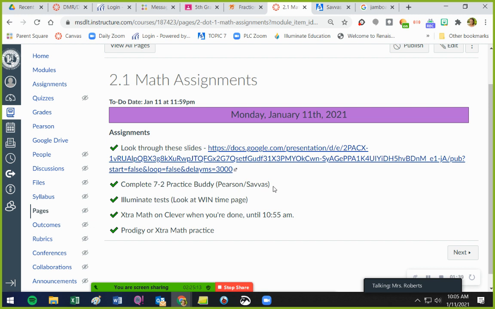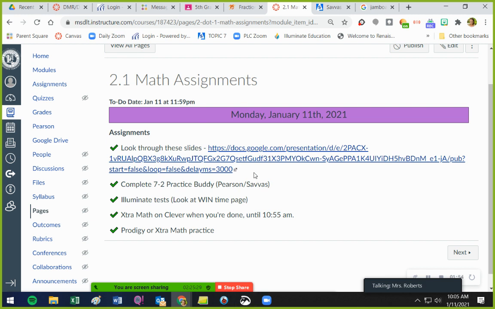I've seen Levi, Mila, Peterson, Ace, and I can see you guys working on Prodigy. So that's a wonderful thing to be doing when you're done.